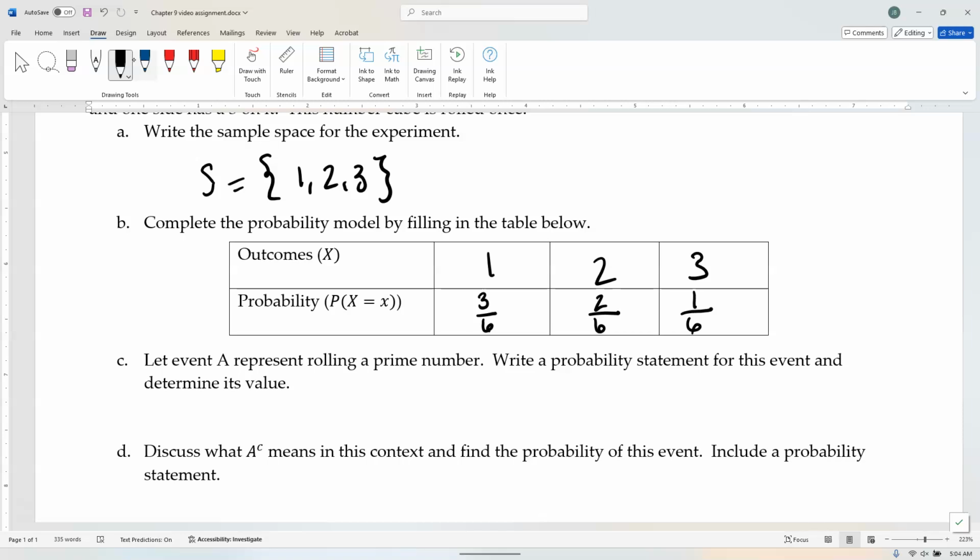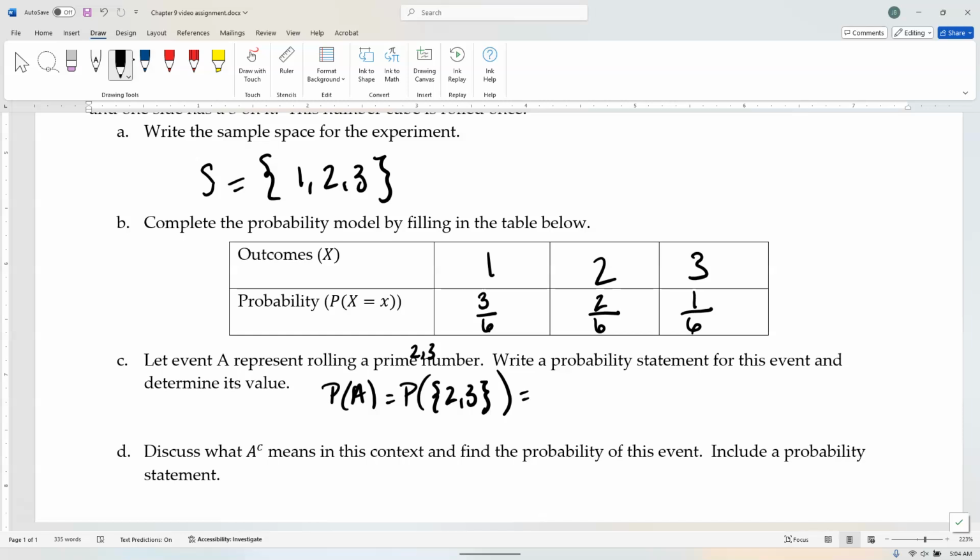A is rolling a prime number. Okay, prime numbers are numbers that have factors of only themselves and 1. So therefore 1 is not prime, so this is just 2 and 3. So probability of A is, if you wanted to write it as probability of the events 2 and 3, you sure could. Either notation is fine.